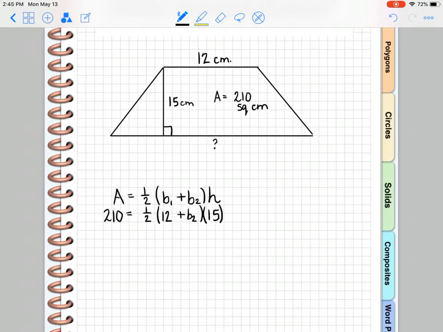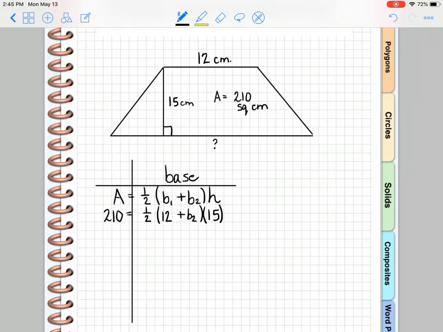So this is what we know according to the formula. And then this is where algebra takes over. You're going to have to solve this equation for the base. You are looking for the base. So everything that is not this missing base has to move to the other side. So we want to know the missing unidentified base.